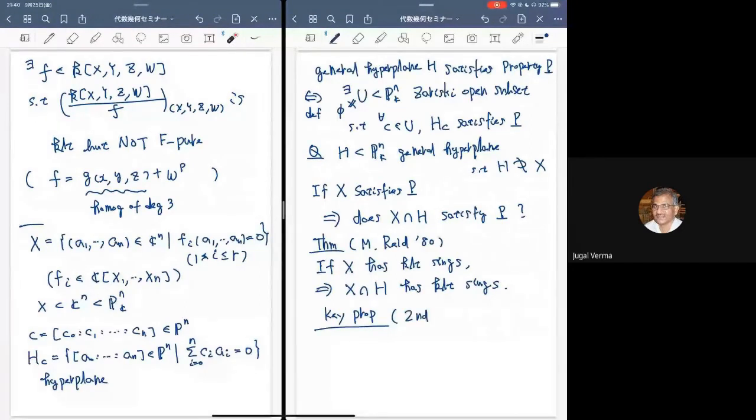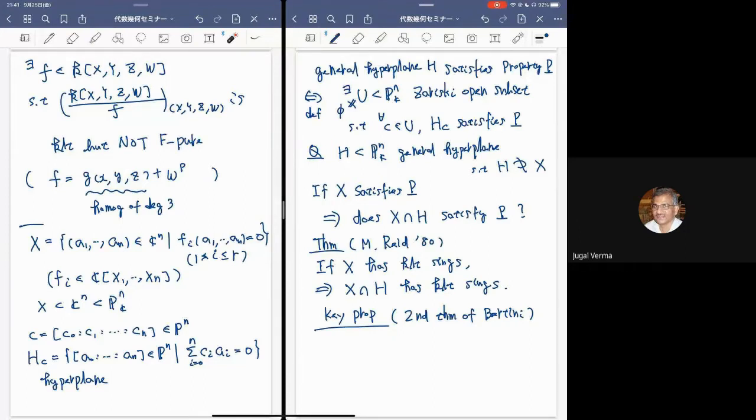Here I use some algebraic geometry, so maybe some of you cannot understand the statement, but it's not so related to the other part of my talk. So just let me explain a little bit about the algebraic geometry.